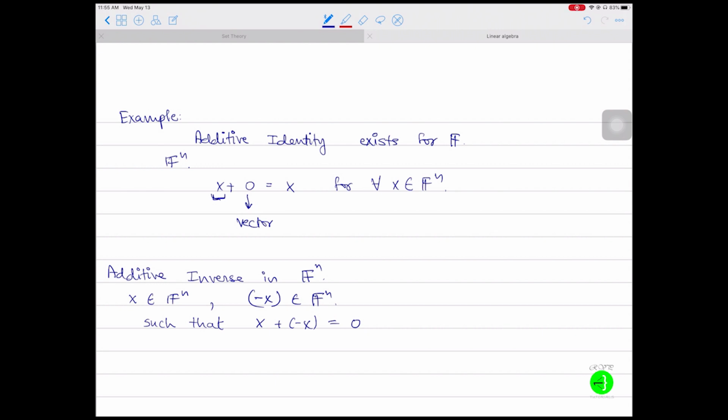Again, this 0 refers to the vector 0 because the sum of two lists is always a list of the same length. So this cannot be a scalar 0, it is again a vector 0. So most of the time when you see 0, you will be able to differentiate whether it's a scalar 0 or a vector 0. And if we had x as x1, x2 up to xn, then the additive inverse minus x would be minus x1, minus x2, so on up till minus xn.